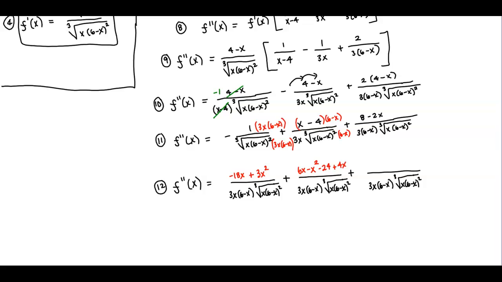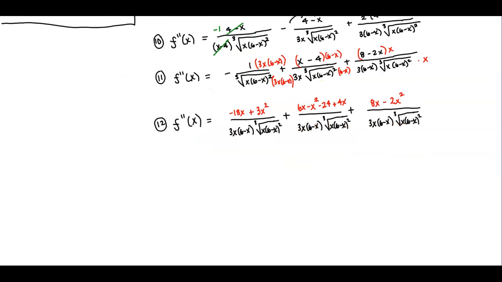And then what's missing from here to here is just x. So we're going to multiply this by x. If we distribute the x to both of those terms, we get 8x minus 2x squared.